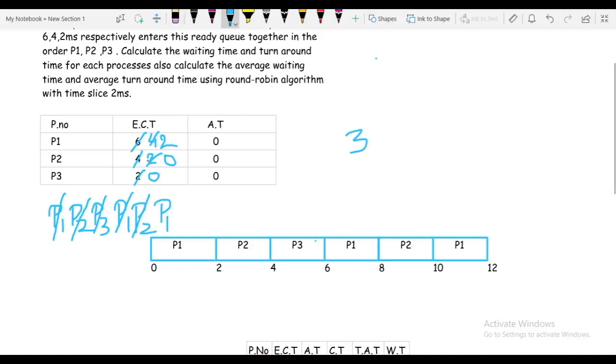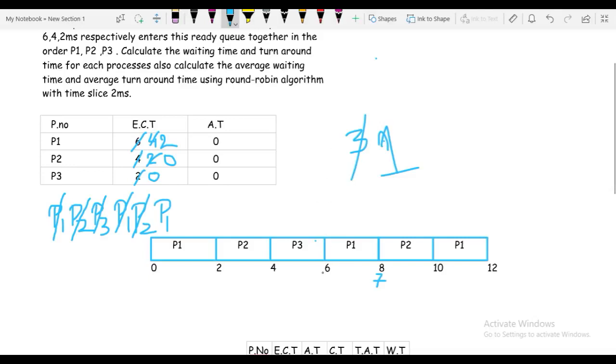P2 will be run for 2 units, and P3. After that, when the turn of P1 comes, it will run till 7 only, because the estimated completion time is 3, it has already run for 2 units and 1 is left. So we'll run only 1 unit in that case, because P1 has only 1 unit left. We won't consider the time slice for that case.